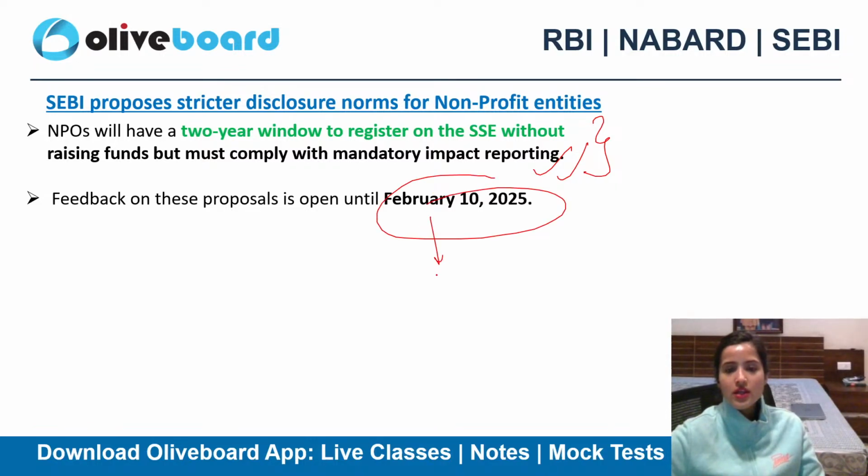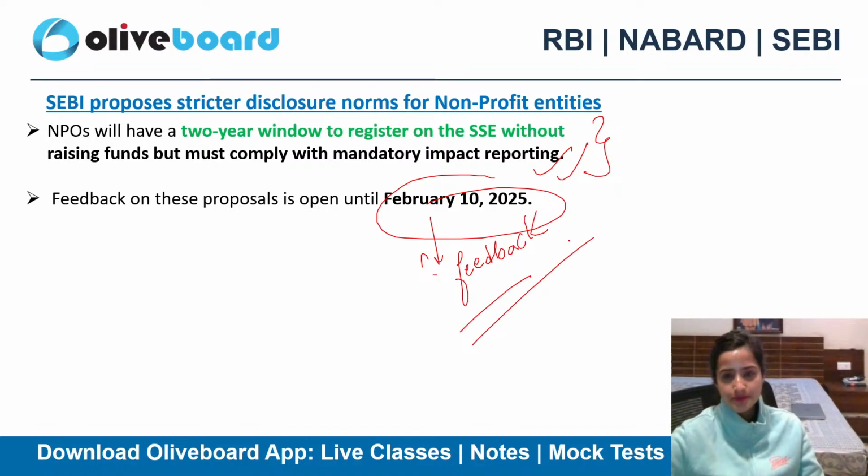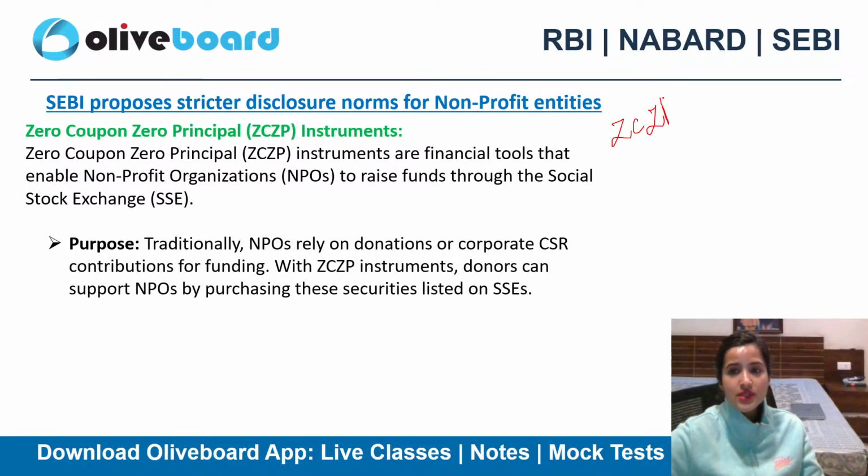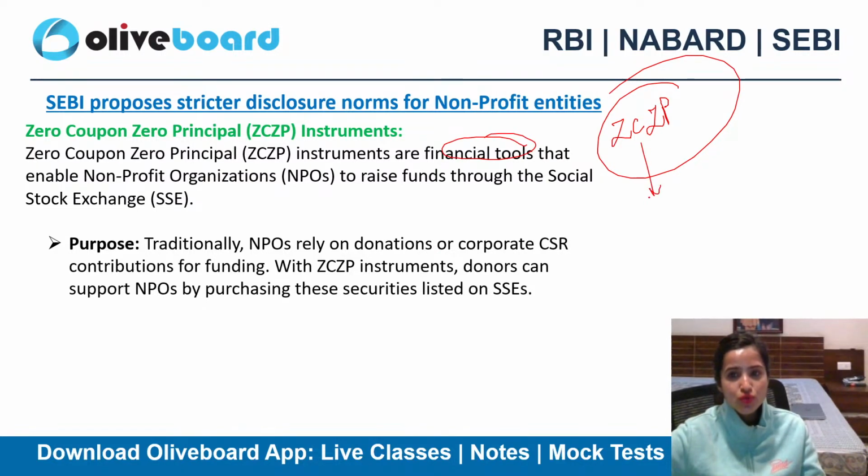So you can provide your feedback related to this. And the window is open till February 10. Clear? Now, let's understand what are zero coupon, zero principal instruments. They are financial tools.